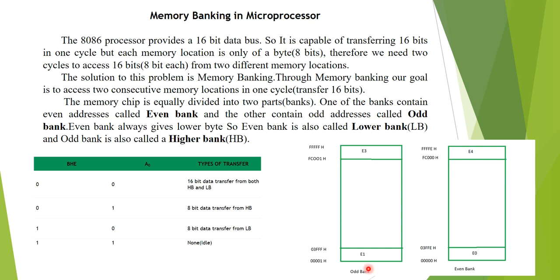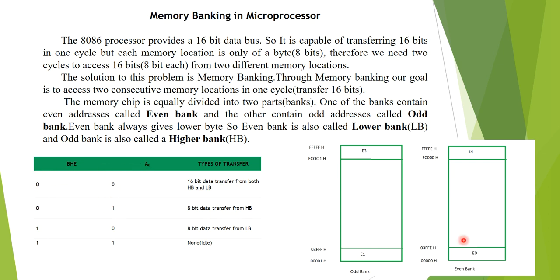One is known as the odd bank and another is known as the even bank. Now depending on the BHE bar signal and the A0 signal, we enable one of the banks or both banks at the same time. So if we want to read or write 16-bit data, then BHE bar will be 0 and A0 will be 0.